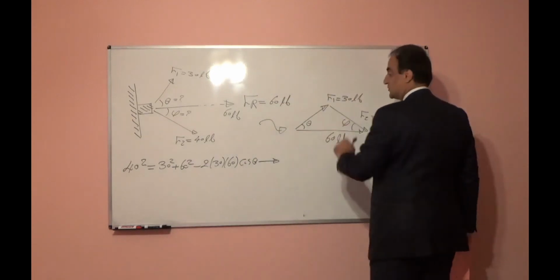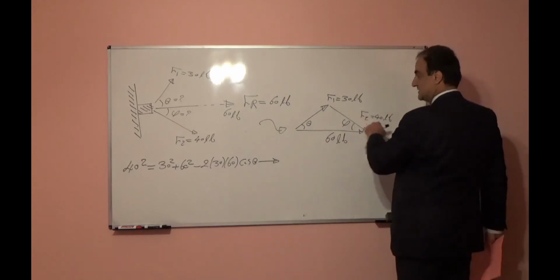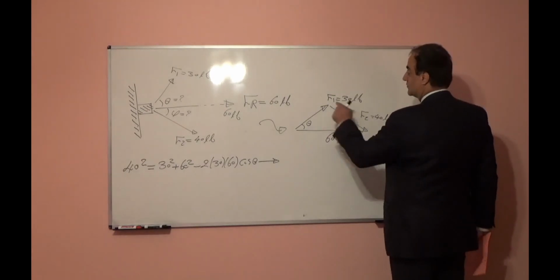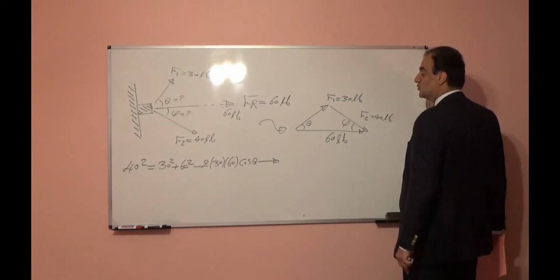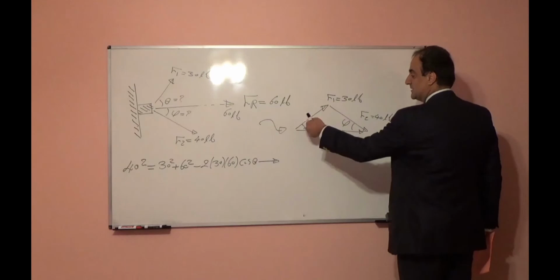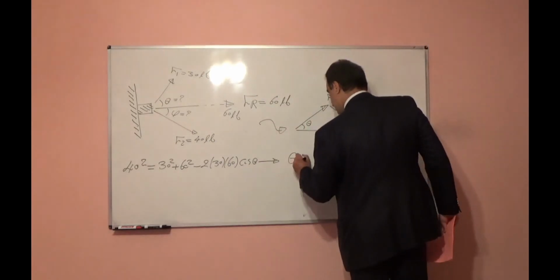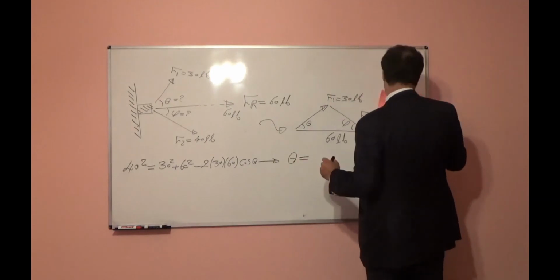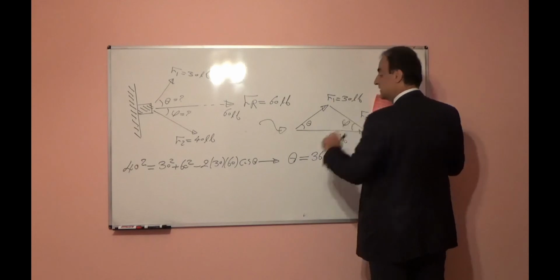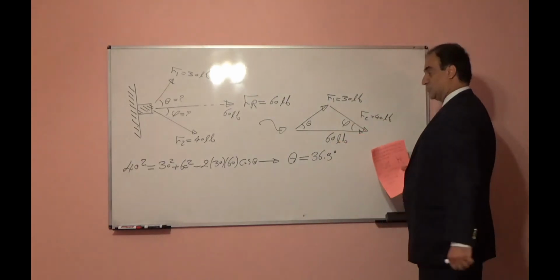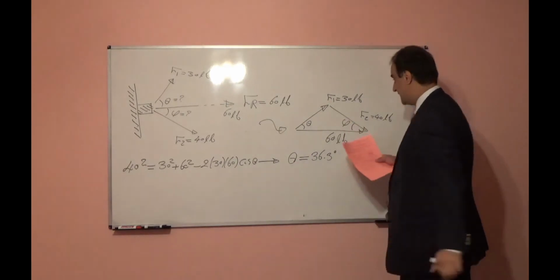So in this triangle, if we write the law of cosines, 40 squared is equal to 30 squared plus 60 squared minus 2 times 30 times 60 times cosine of the angle between these forces. From there you can find theta. Theta will be 36.3 degrees. In a similar way, you can use the law of cosines and find phi.